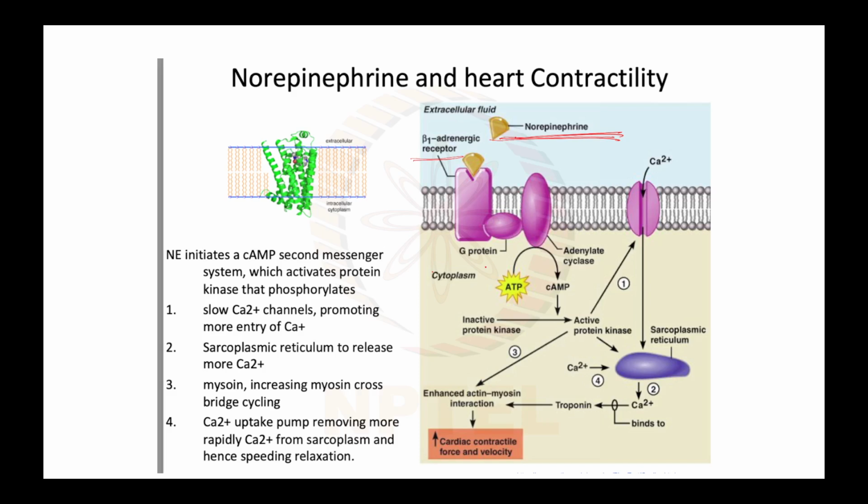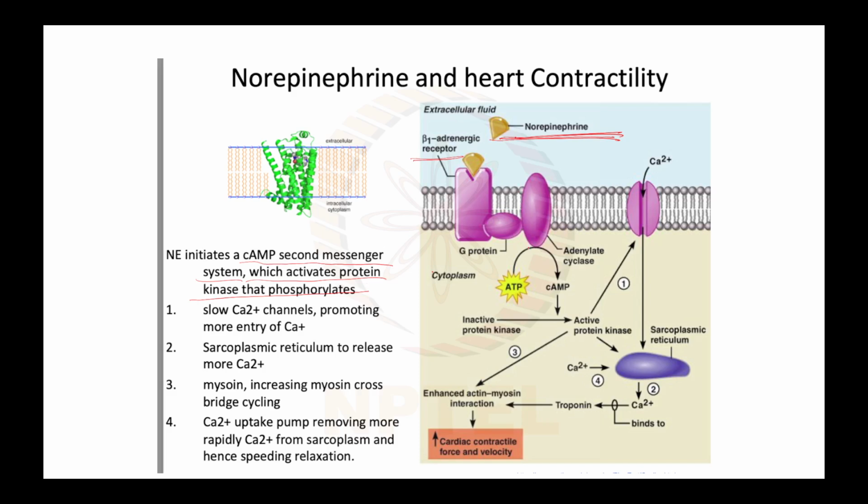The receptor is a 7 transmembrane helical structure protein, which binds the signal, the norepinephrine, and then undergoes a conformational change and is coupled with a G protein. So norepinephrine initiates a cyclic AMP secondary messenger system, which activates protein kinase that phosphorylates.